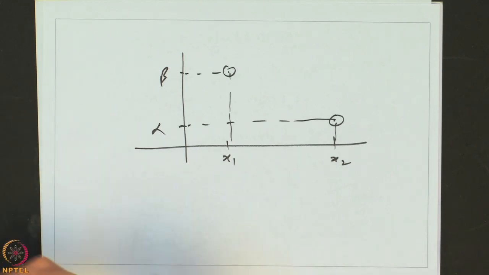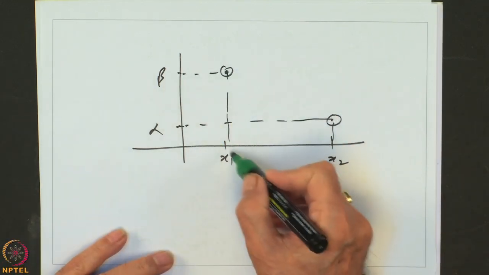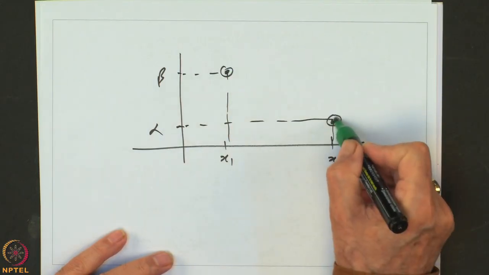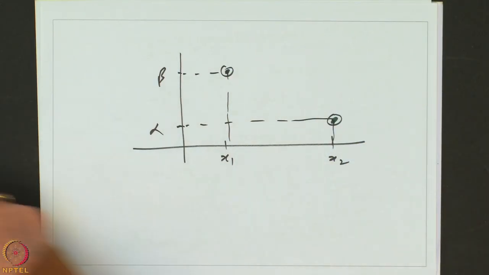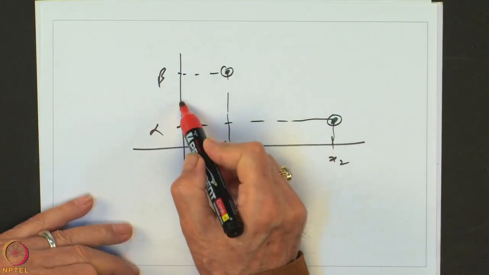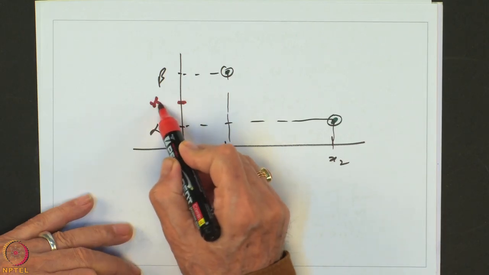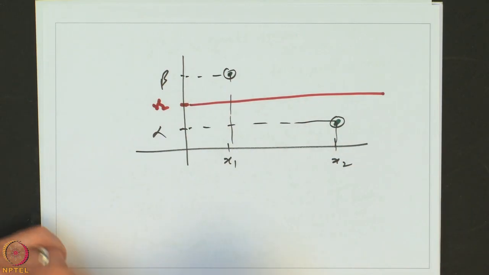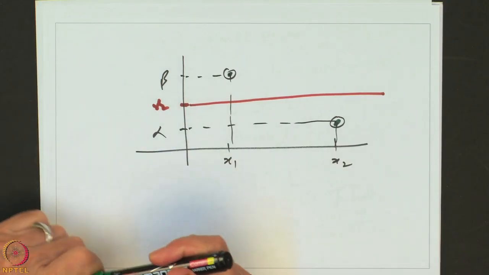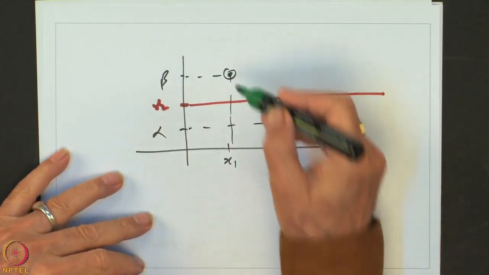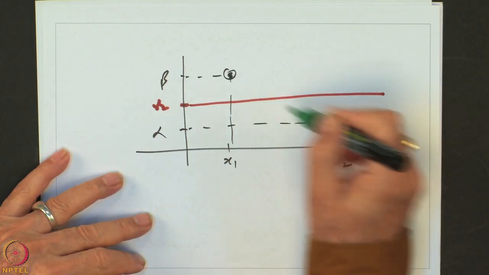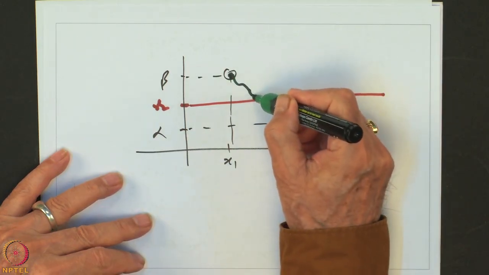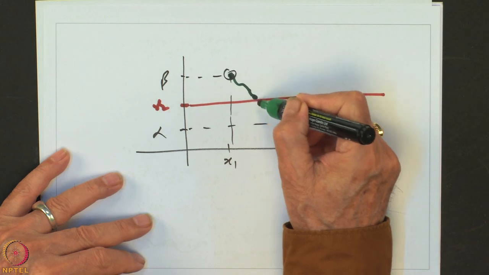Now, the function has to start at x1 here and go here, and let us say there is a value r which is not taken. That means the graph cannot intersect this red line. So, it has to start here and go here. So, it goes somewhere. Now, it cannot cross. So, it can come closer and closer, but it cannot cross.